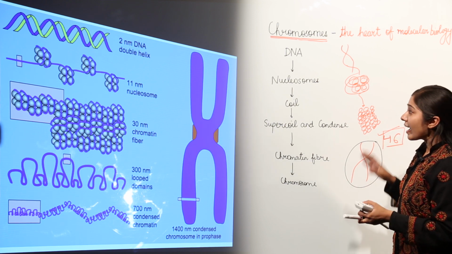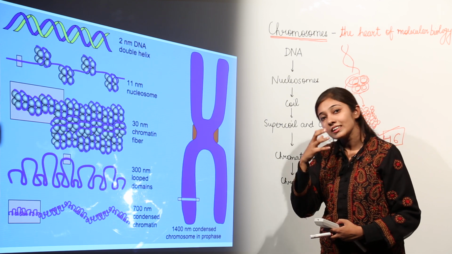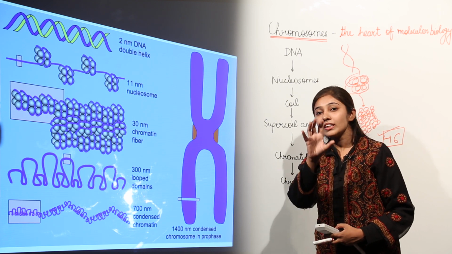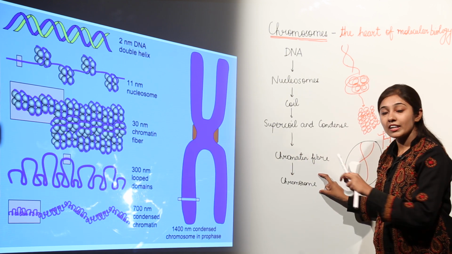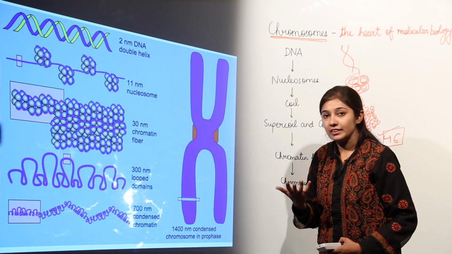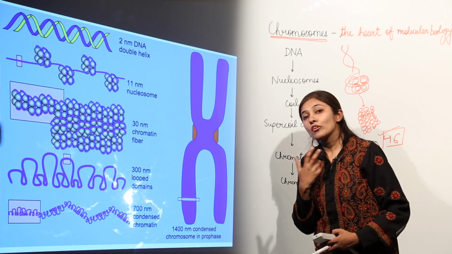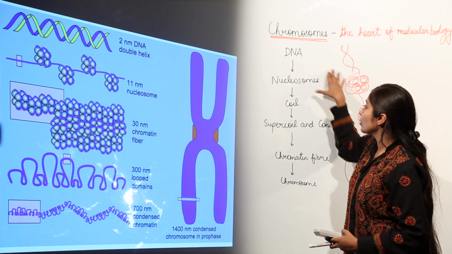So as far as now, I have discussed how these chromosomes are formed and what these chromosomes basically are, and how they are linked with DNA. So remember, chromosomes are composed of a molecule of DNA associated with some proteins. Which proteins am I talking about? I am talking about histone proteins, because these histone proteins form nucleosomes.